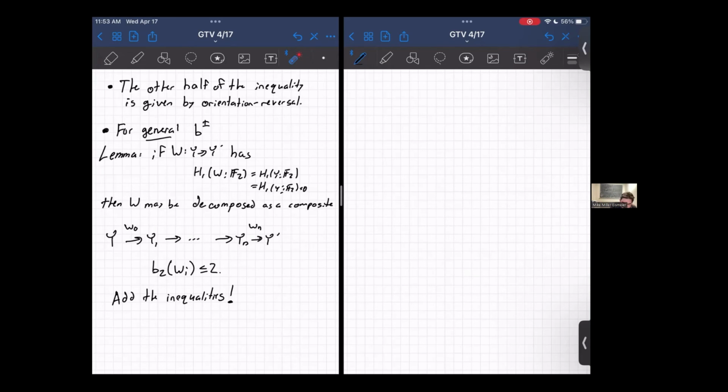I want to make some quick remarks on why that's a little bit unsatisfying, even though we do get the inequality in general, and what might be interesting to look at in future work.